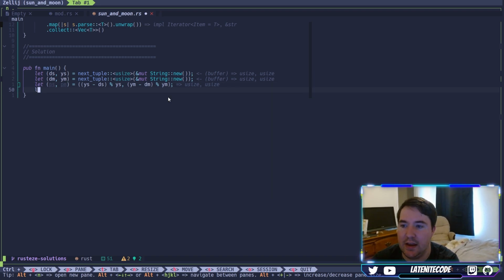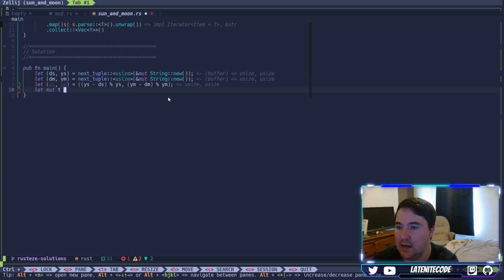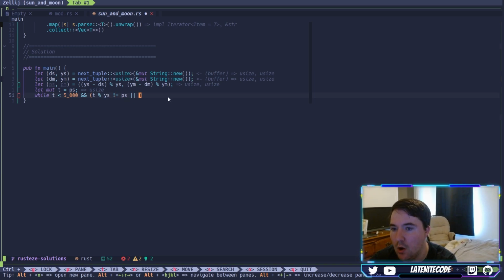And then I can just say let mut t be equal to PS. And then we can say while t is less than 5,000, and in this particular case, t has to fail one of the two categories. So you would say t mod ys is not equal to ps, or t mod ym is not equal to pm.